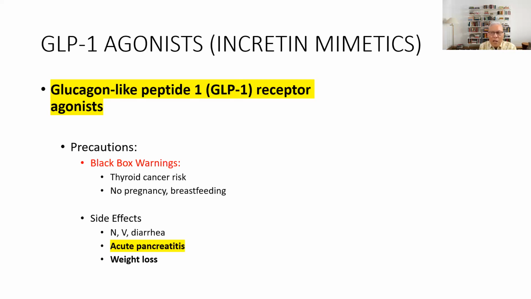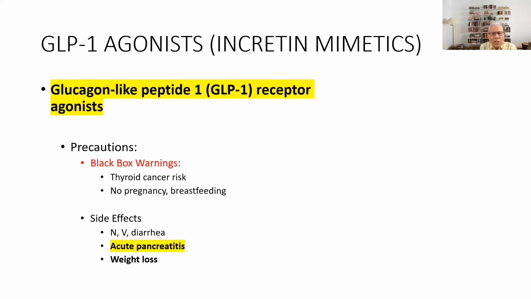There's also a black box warning. If you remember the other day, I said that anytime there's a black box warning, you need to always remember that. And the black box warning to this one is, of course, to pregnancy and to breastfeeding. Now, the side effects: nausea is the main side effect. Others include vomiting and diarrhea.